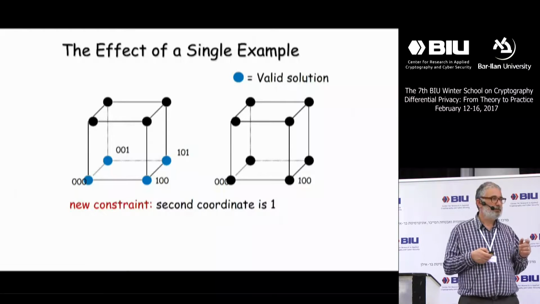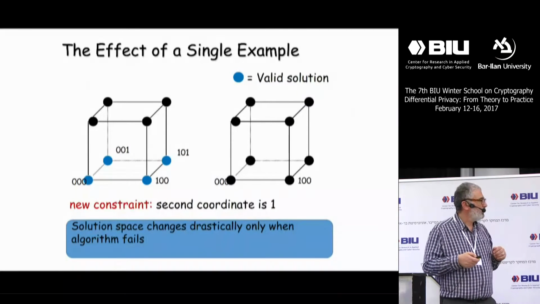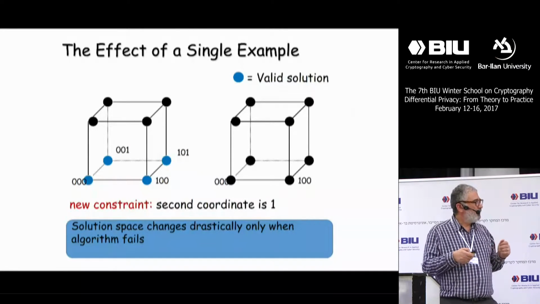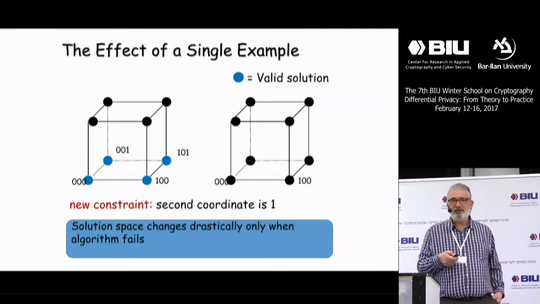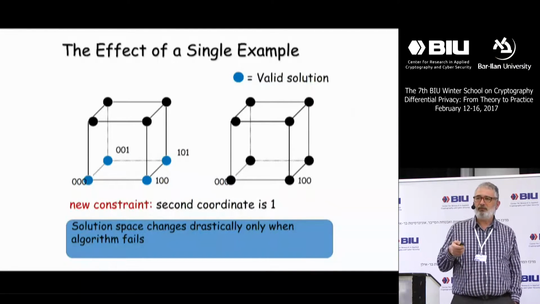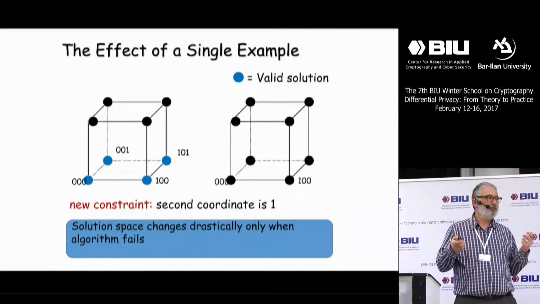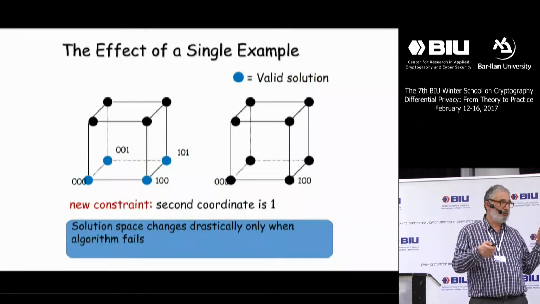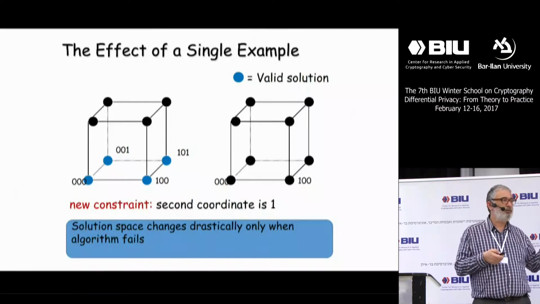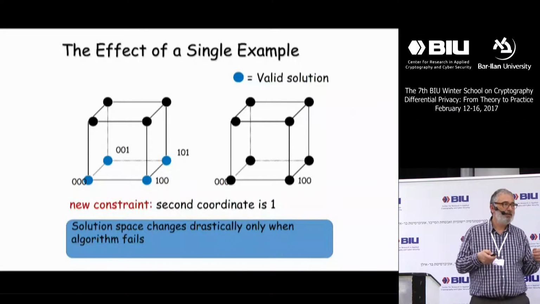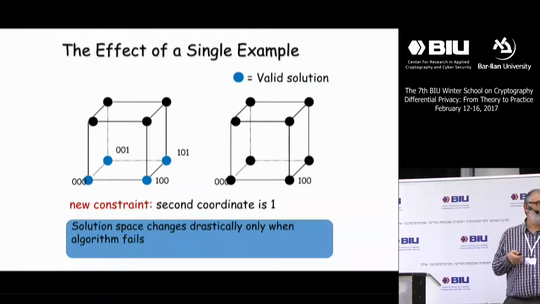A question? So if we try to use this Gaussian elimination idea, we have a problem that in these two cases, where we are only applying this to neighboring data sets, we have very different solution spaces.